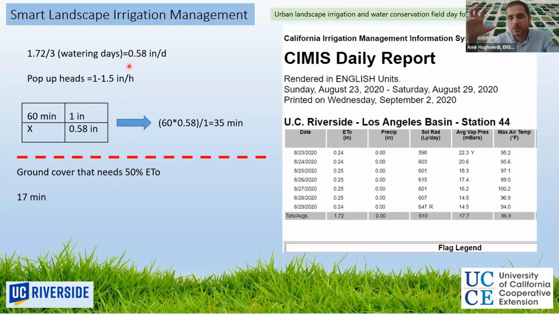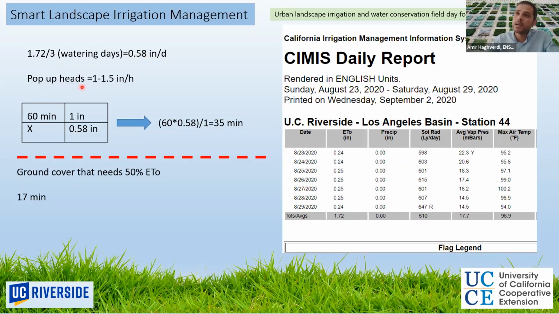Let's assume that we are going to apply this amount of water to our plant, and we have a plant that uses all that water. If we want to irrigate only 3 days a week, then we can divide this by 3. So each day we are going to irrigate 0.58 inches of water.